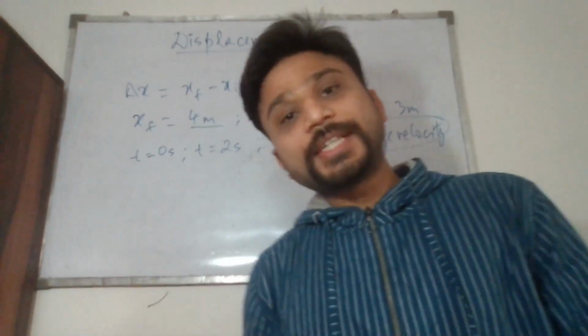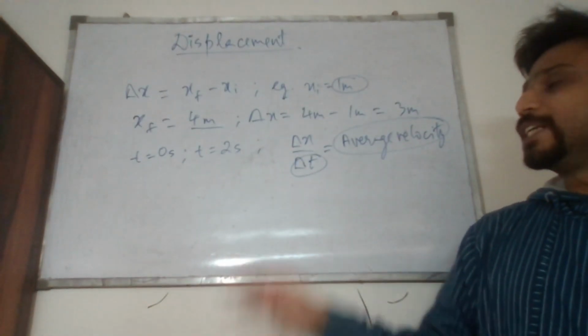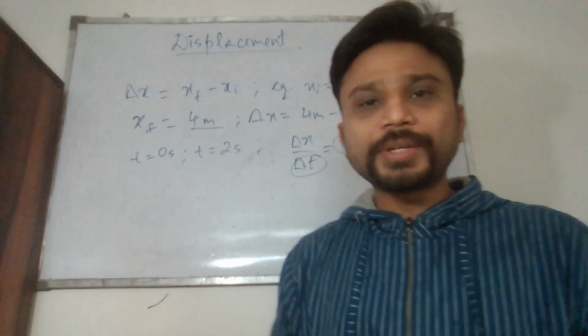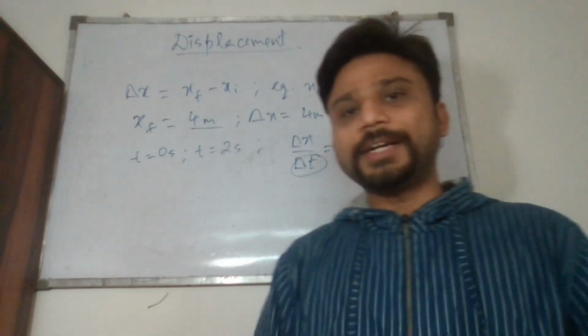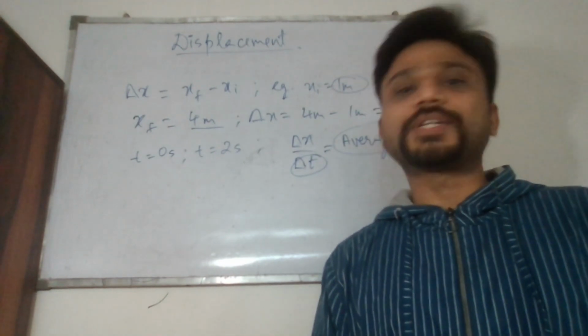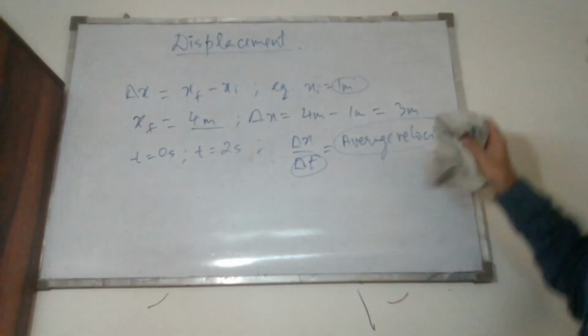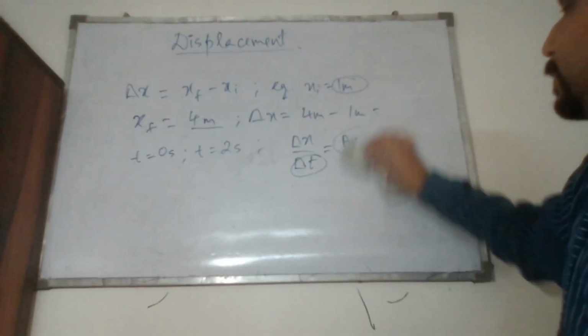So that's why we have studied these simple things first. We have studied displacement, we have studied time. You might know this already, but we have to define these things to get to the idea. What is instantaneous velocity? What is its need? So let us start with it.